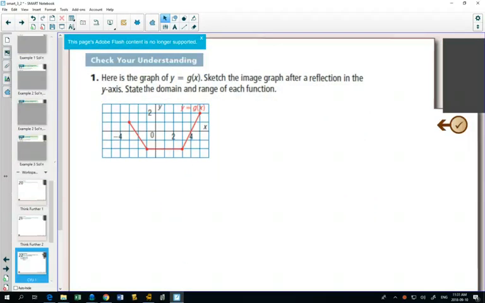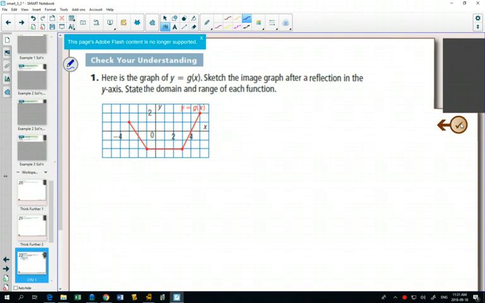Again, we have a random graph of g of x. We want a reflection in the y-axis. So one of the things we'll have to do in questions is be able to translate a reflection in the y-axis. Imagine my y-axis is this one, the vertical one.